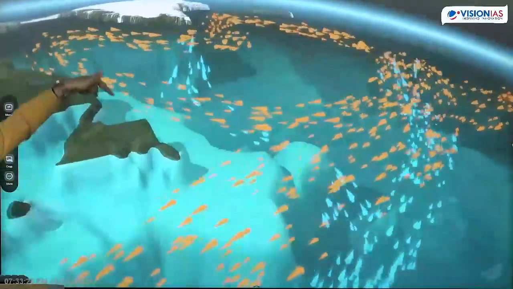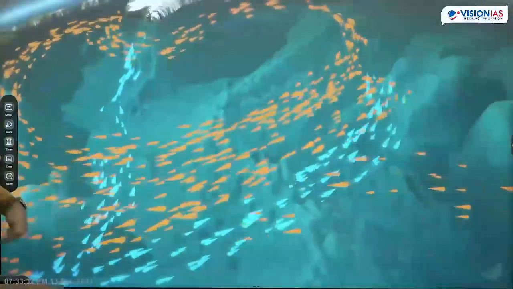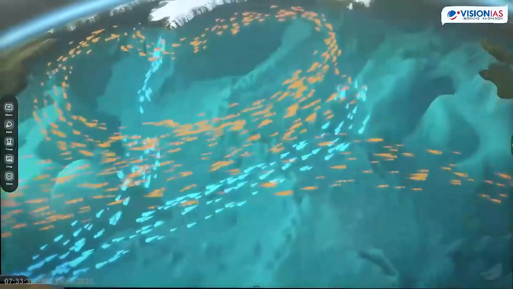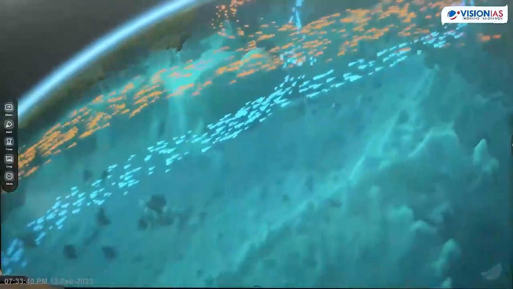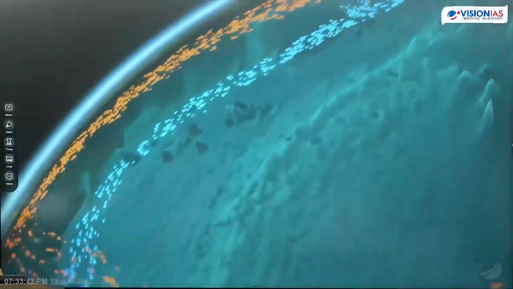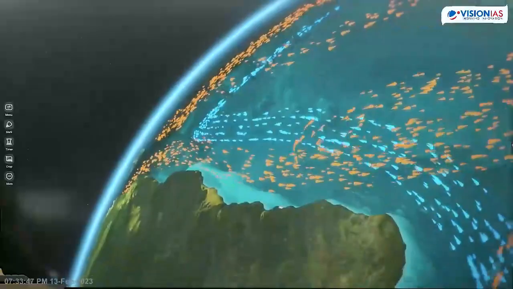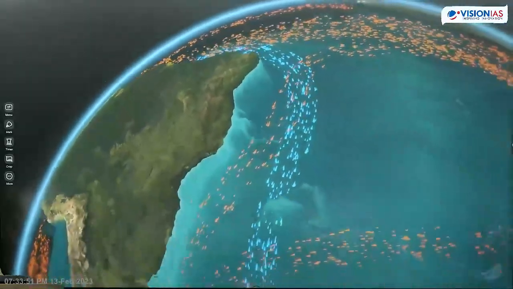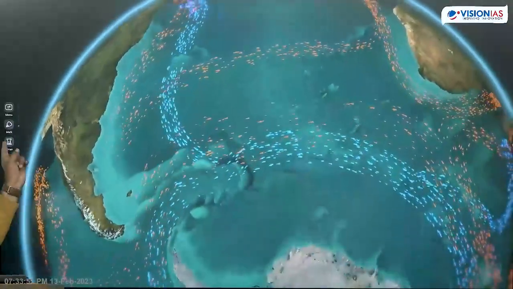Look, downwelling is happening here, they are going down here, and that is joining the thermohaline circulation. You can see there is also this part around Antarctica.